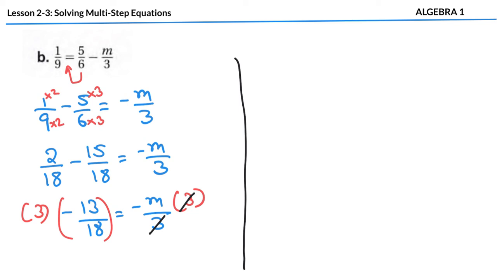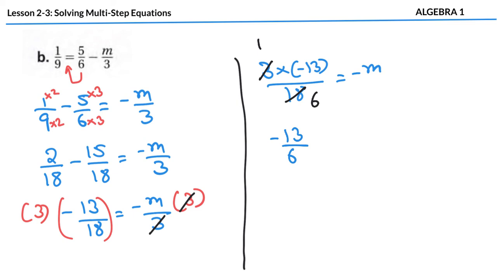We are left with 3 times negative 13 over 18 is equal to negative m. So see what numbers can simplify. Which number can divide 3 and 18? I can use 3. So 3 1 times is 3, 3 6 times is 18. So now my new fraction is negative 13 over 6 equals negative m.